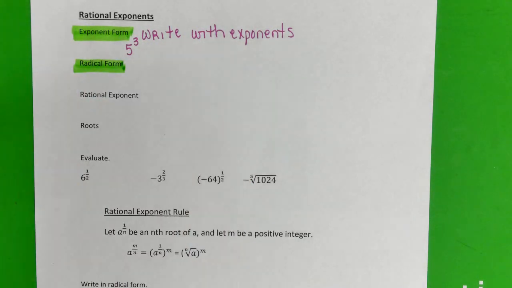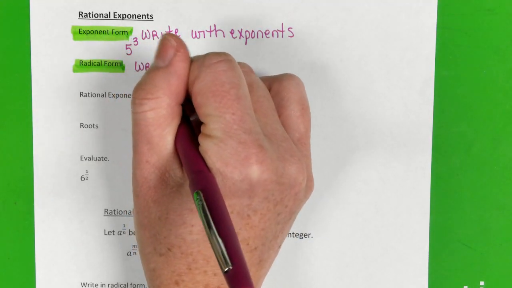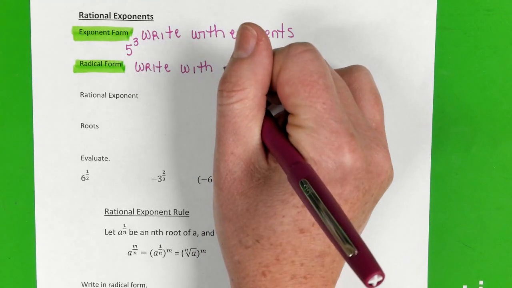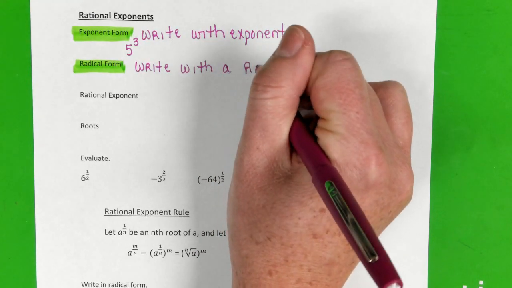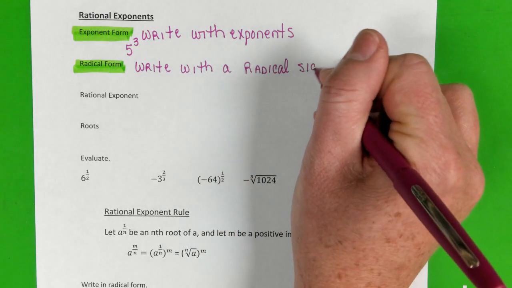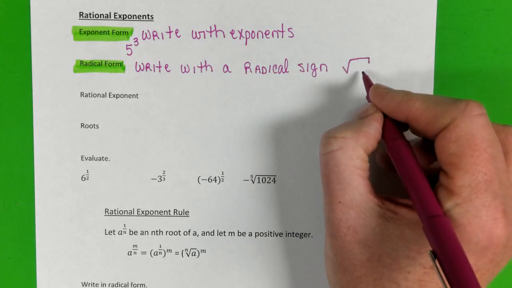Then it's going to ask you to write in radical form. When it says write in radical form, write with a radical sign. You should have talked about radical signs in the past. A radical sign is just things like your square root signs.